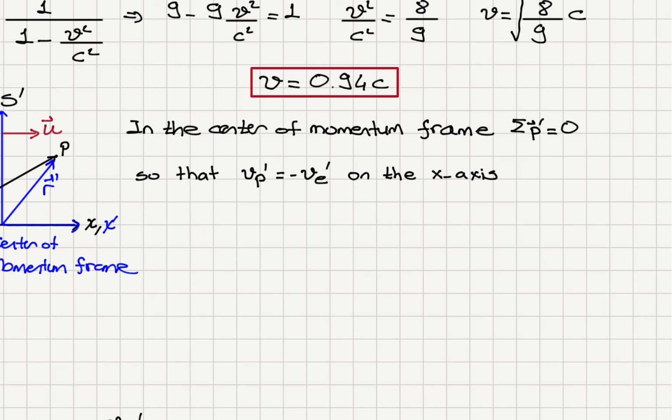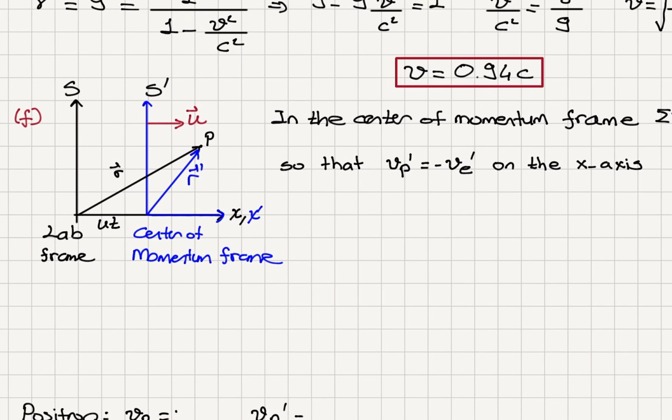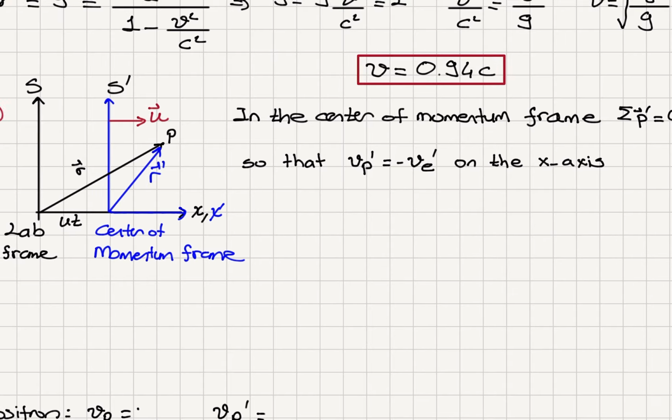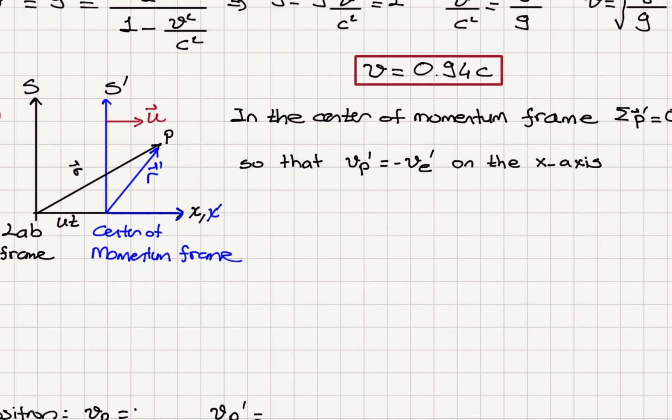All right. Now, if we perform a transformation between these reference frames using the Galilean transformation, we know that the position of a particle at point P is r according to the lab reference frame, r prime according to the S prime reference frame, and the two reference frames' origins move by a distance ut in a time interval t.